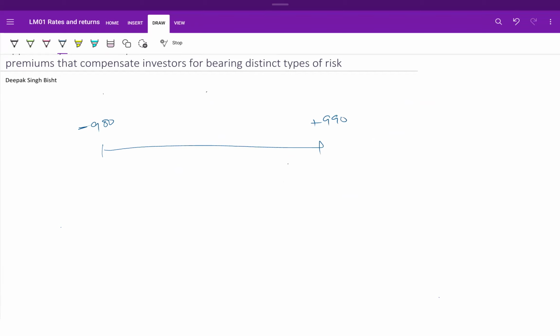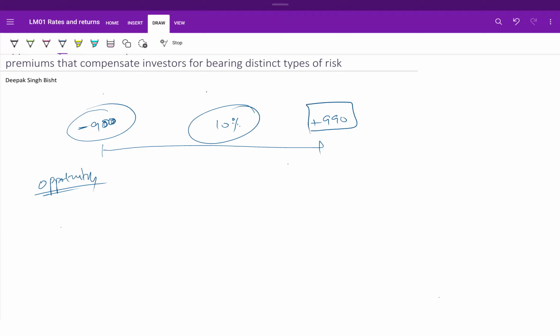Opportunity cost means you might have had a better use of this $900, an opportunity you have let go of. You invested this money at a 10% interest rate and received 990 after 1 year. So this 10% can also be thought of as an opportunity cost, but the opportunity cost concept is different.